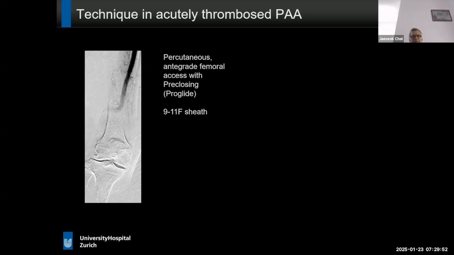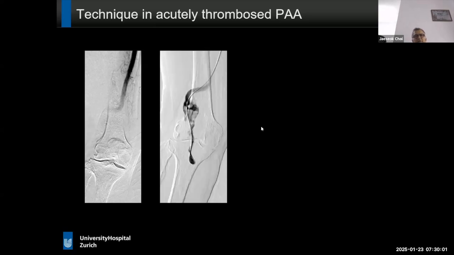So we placed the suture percutaneously. It's a ProGlide system. Then put in like 9 to 11 French sheath, cross the thrombosed aneurysm.